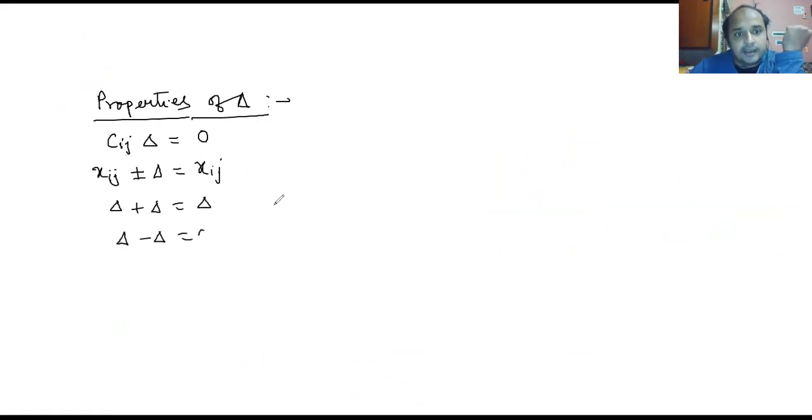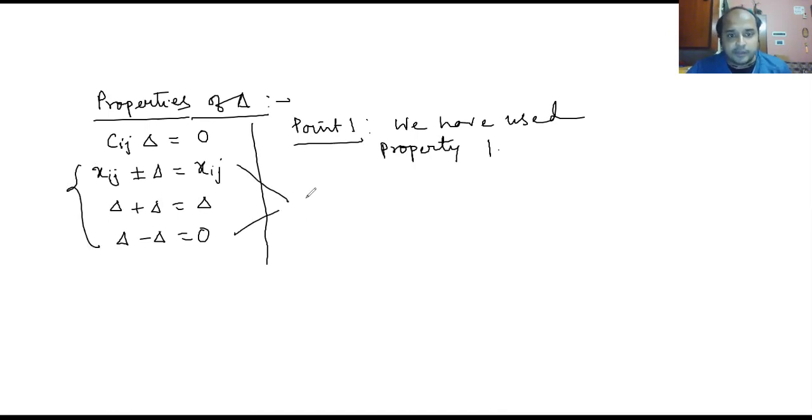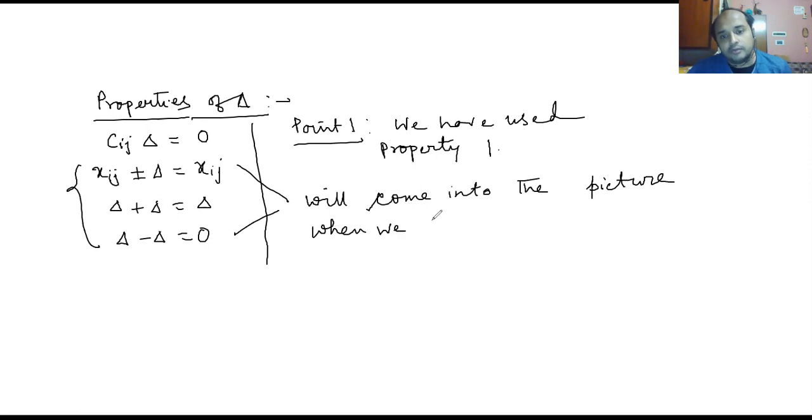Now you see, during the Modi method we actually have used property 1, but we have not used these 3 properties. These 3 properties will come into the picture when we go for the method of looping.